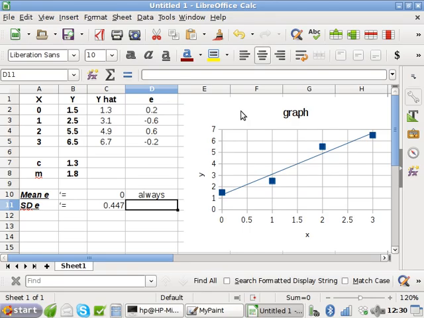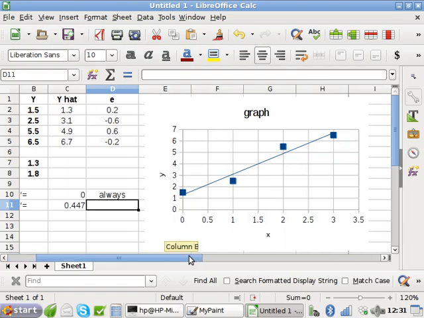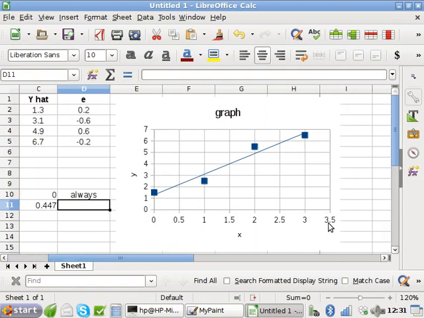Okay, so the reason we care about residuals is this. Do we have 3.5 on this graph? No, we don't. It's missing. But it's only a little bit away from 3. It's not too far away. So we think, okay, if I draw my line straight up here, I can predict what the y should be for 3.5. That's what I want you to do now. I want you to tell me what you think the y should be for 3.5.